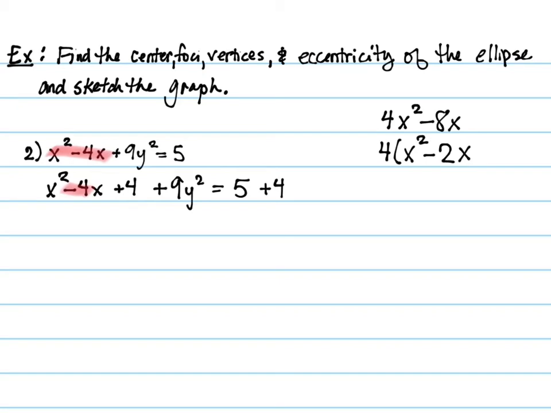And then I'd be using the negative 2. So negative 2 divided by 2 squared would actually give me the number 1. But I didn't add 1 to my equation. What did I really add? 4. The 1 is multiplied by 4. So to compensate for adding 4 to this side of the equation, I will balance it by adding 4 to the other side of the equation.